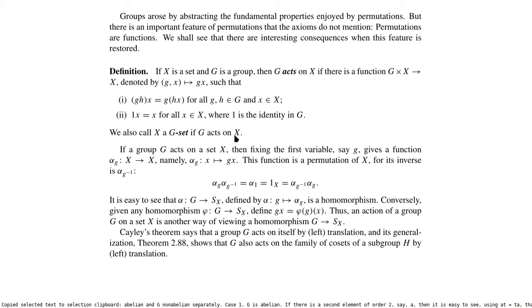What it does is take an ordered pair of an element from the group and an element of the set, and map it to a product GX, such that this product is associative, so (GH) times X is equal to G times (HX), and two, it has an identity. Okay? So 1 times X is equal to X, where 1 is the identity, for all the elements of the group.